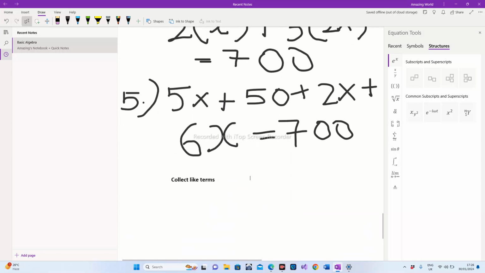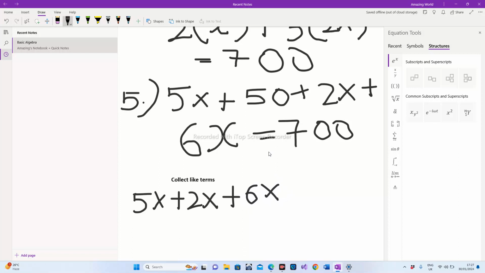So we have 5x plus 2x plus 6x, then equals our 700.